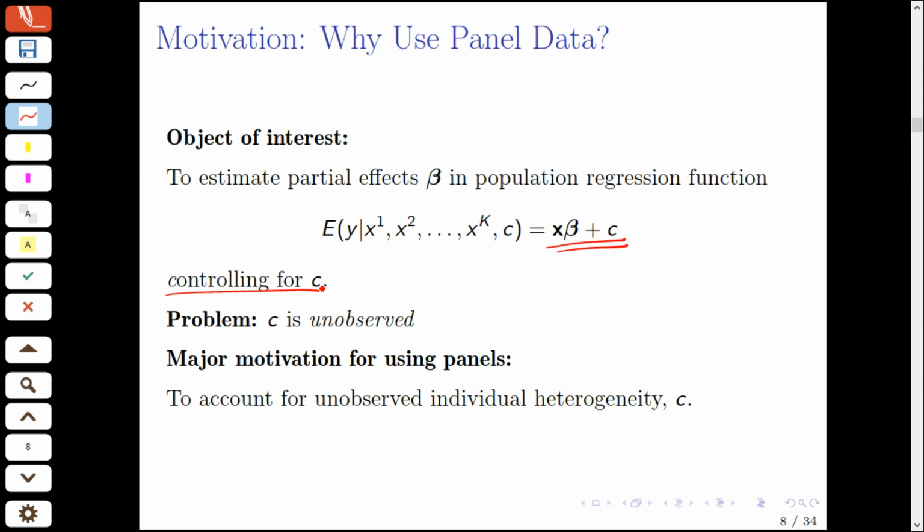This may or may not be a problem depending on what we're willing to assume, but usually, if we're interested in controlling for c, it's probably for a good reason, and we should worry about omitted variable bias. For the purposes of this course, this constitutes a major motivation for using panels. Namely, we want to account for unobserved individual heterogeneity as represented by c.